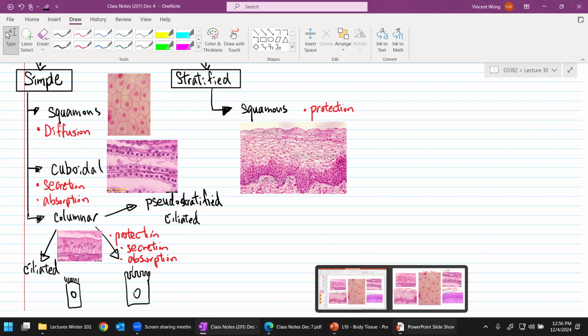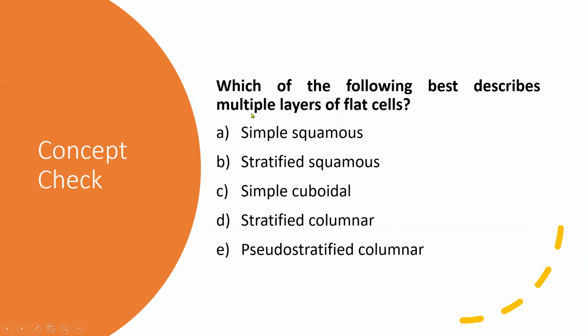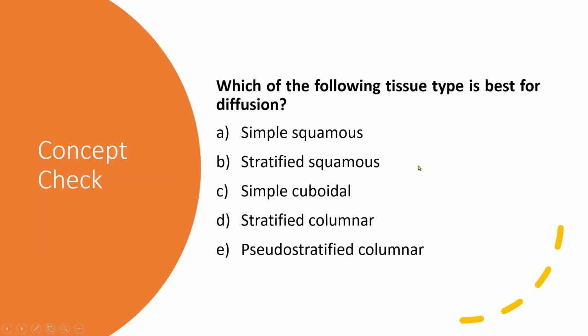Great. All right. Which of the following best describes multiple layers of flat cells? You should know this if you have been here since the beginning of class. Multiple layer is stratified, flat cells is squamous, so the answer is B. And best for diffusion, which one is best for diffusion?